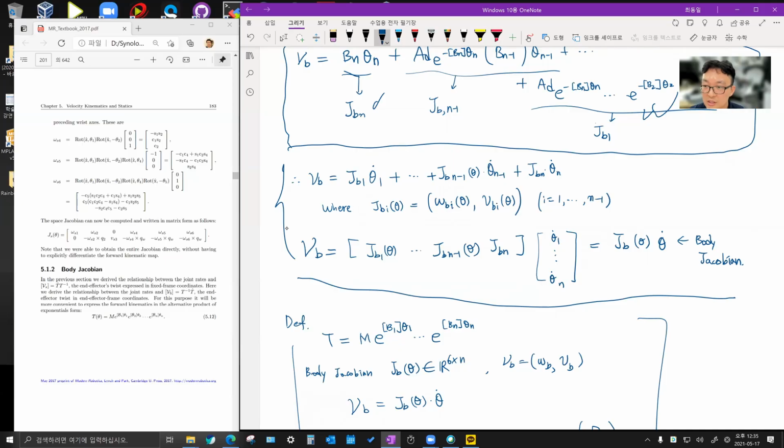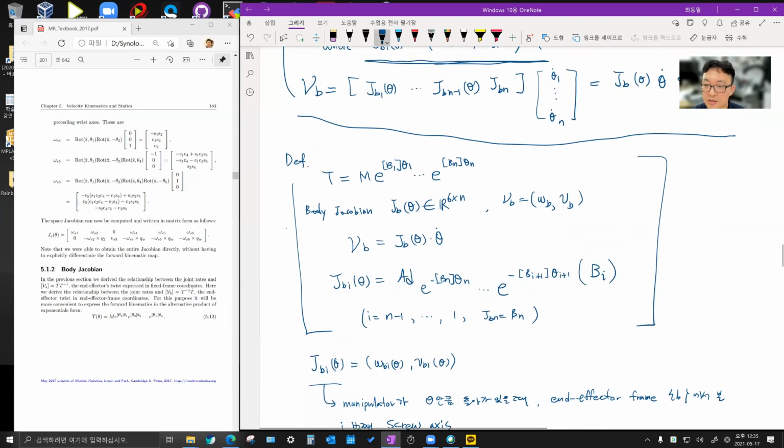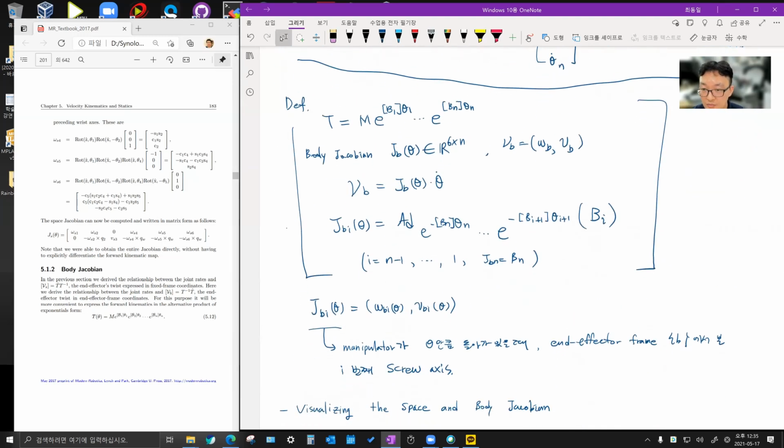And the meaning of JBi is almost the same as the space Jacobian, but the different thing is that it is based on the end effector frame. So the definition of JBi is the screw axis of the ith joint when theta is applied, based on the end effector frame.